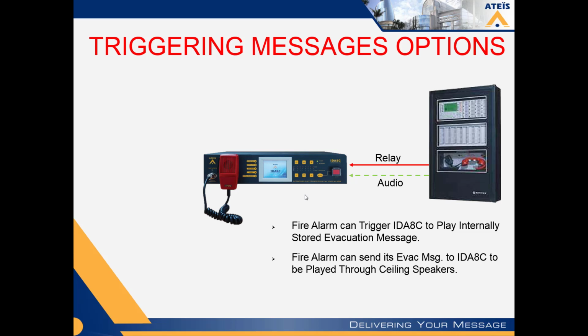Well, if that's the case, we can get that audio and send it through all the common area speakers in the school on our UL2572 listed mass notification system. So we just take the audio, and sometimes that audio from the fire alarm is accompanied by a relay closure to tell us to send the audio through.